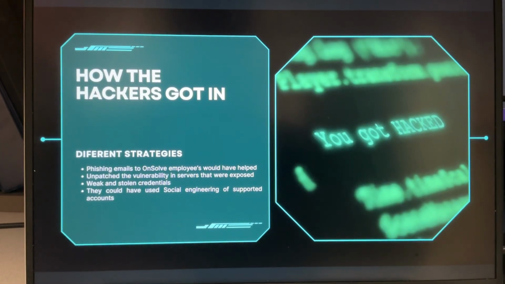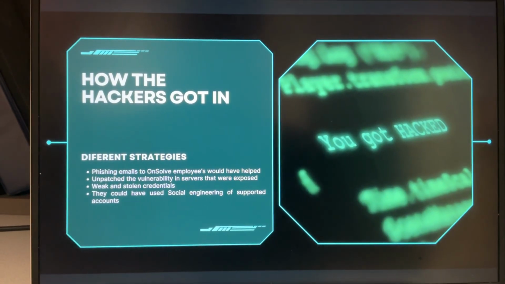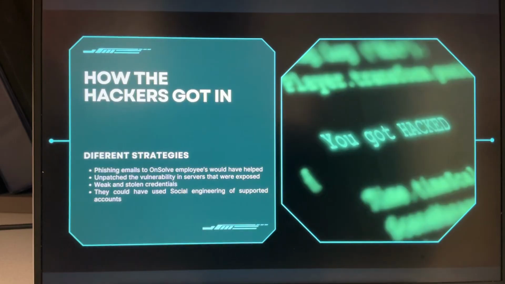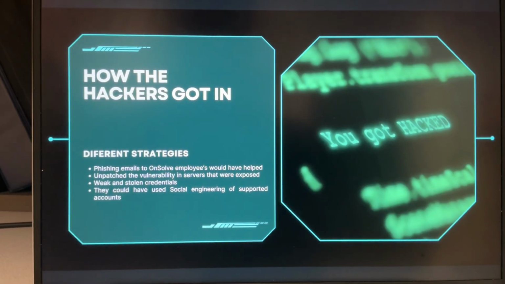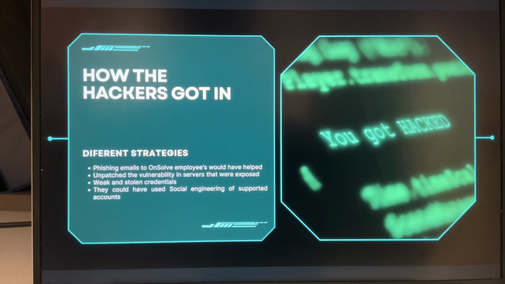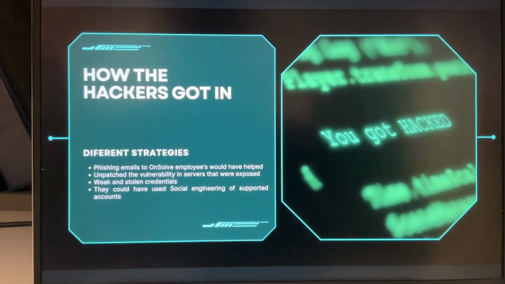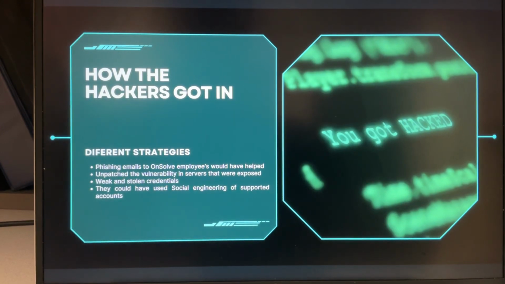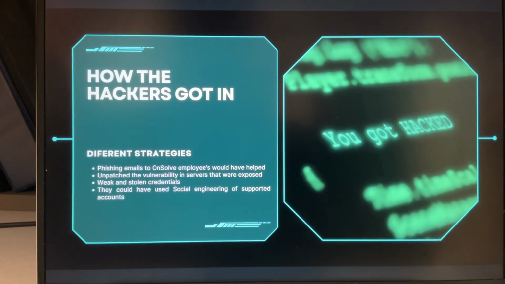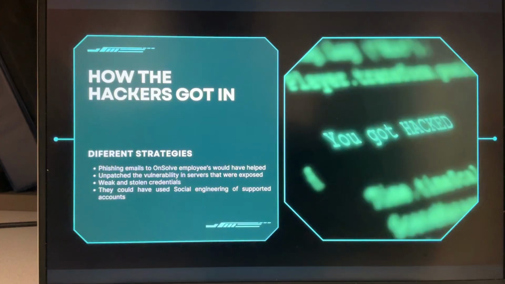They exploited the people's emails and used them against them. They exploited an unpatched vulnerability in the exposed servers, and they stole credentials from the people they were targeting. They could have used social engineering of support accounts as well.